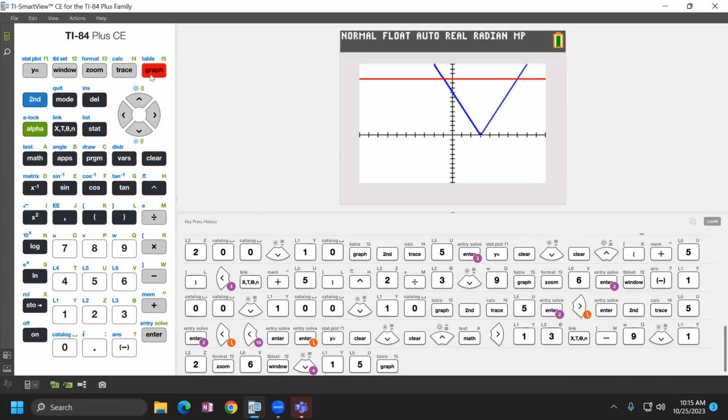Where it is below it. Which graph is this? I think this is A or C. I think it's C.